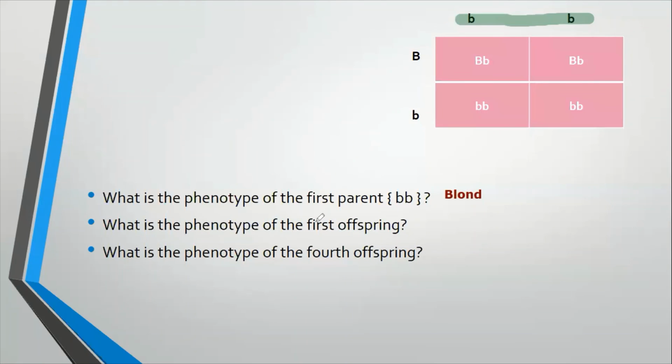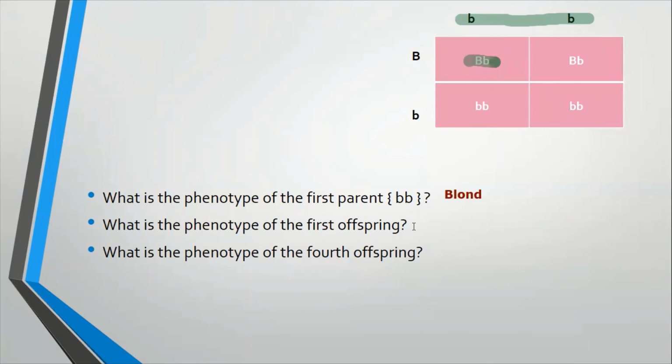Okay, now let's say the phenotype of the first offspring. The first offspring here is B capital, B small. But remember, phenotype means the physical appearance, not the genetic makeup, or the alleles.